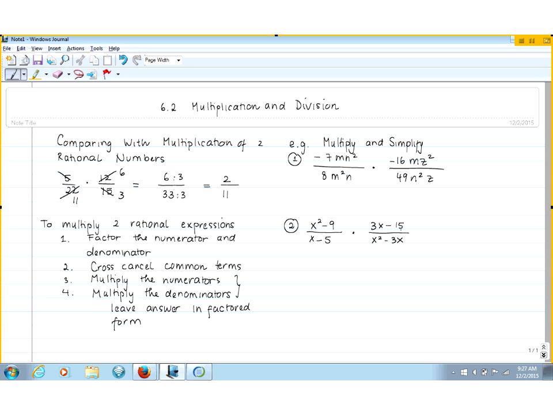So let's do number one first. Can I cancel out common factors? Which one? The n squared. Okay, so this n squared and this n squared, right? What else?